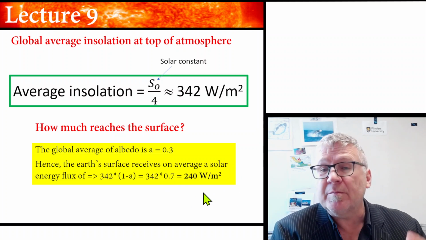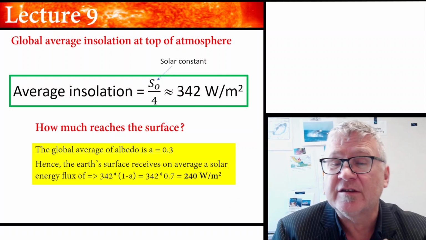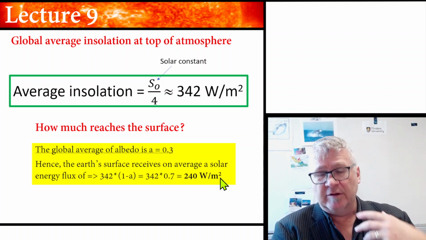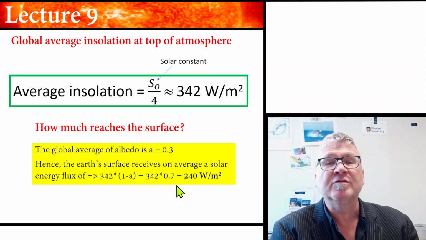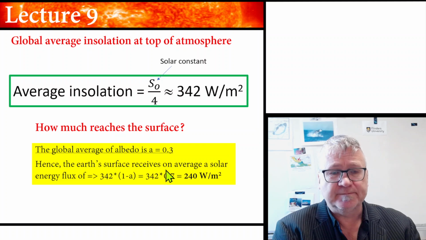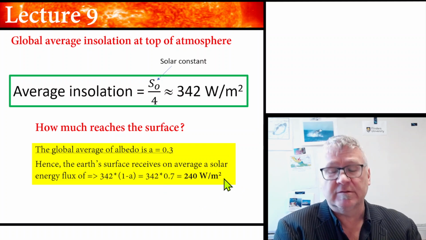In some textbooks you see 242 watts per square meter. These are just small variations. So 240 watts per square meter is the golden number. This is what we use in future considerations. This answers our question.